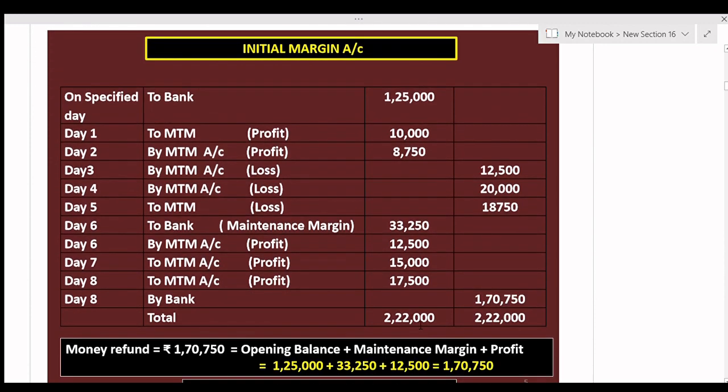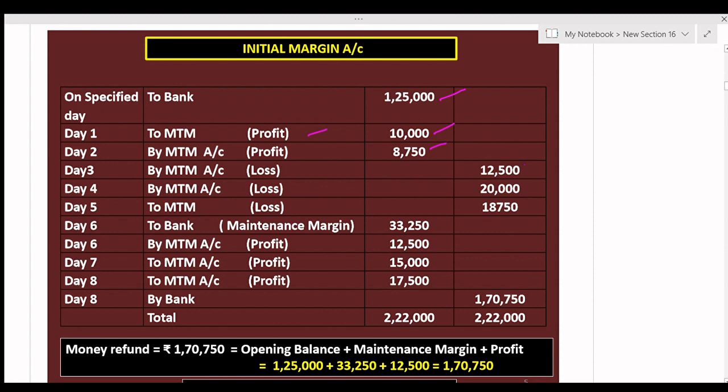Now, initial margin account. On the specified day, the deposit from bank is initial margin account debit to bank 1,25,000. Profit MTM, initial margin account debit to MTM 10,000. Next day also debited 8,750.